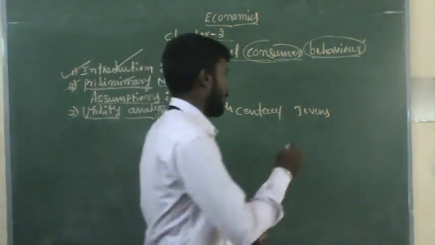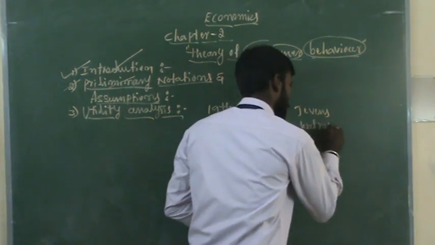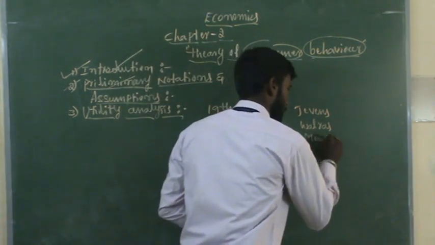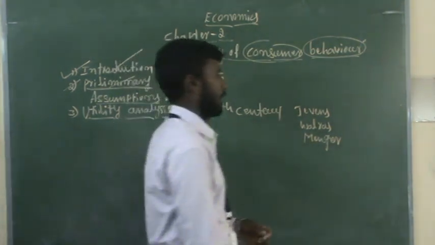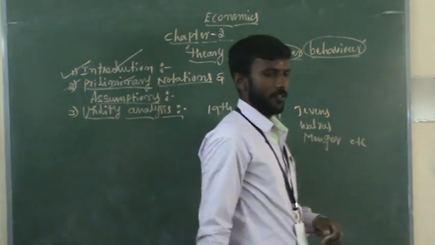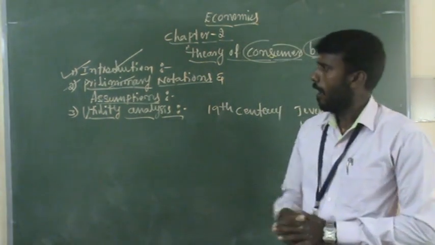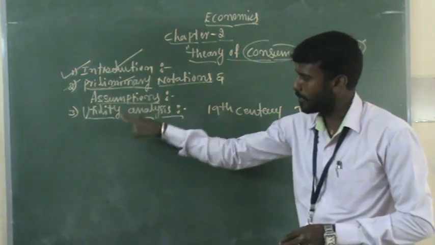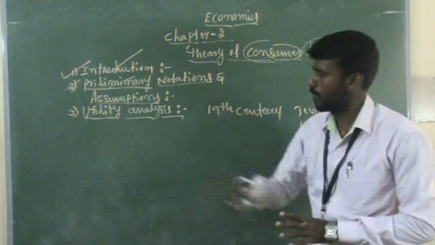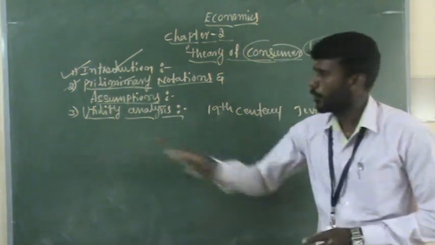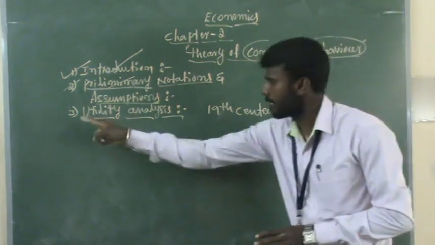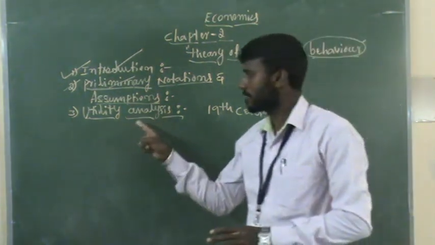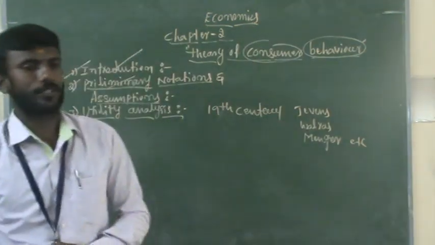Then after that, Walras and Menger, etc. See students, what I am saying: after the completion of preliminary notations and assumptions, the next sub-concept under the chapter is the utility concept, utility analysis, simply the concept of utility. ತುಷ್ಟಿಗುಣ ವಿಶ್ಲೇಷಣೆ, ತುಷ್ಟಿಗುಣದ ಪರಿಕಲ್ಪನೆ ಅಂತ ಕರೀತೀವಿ.